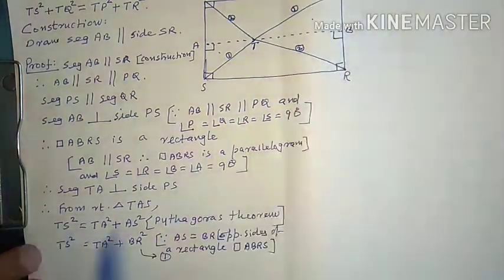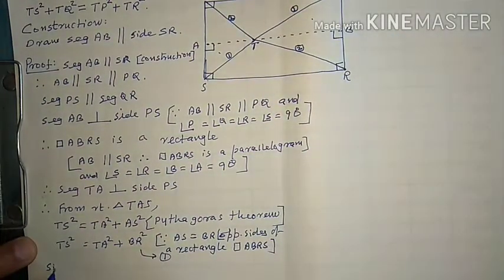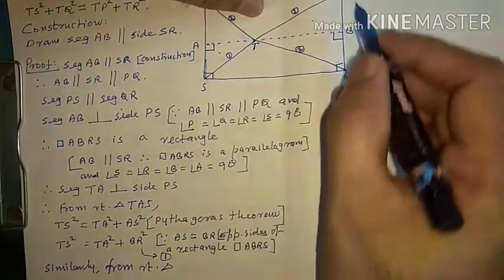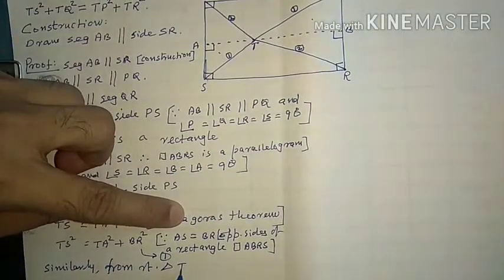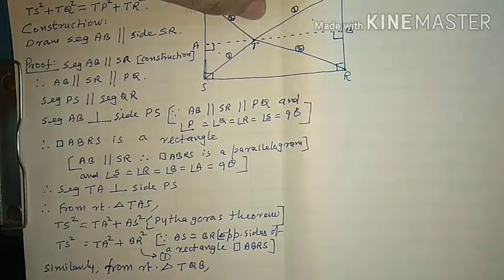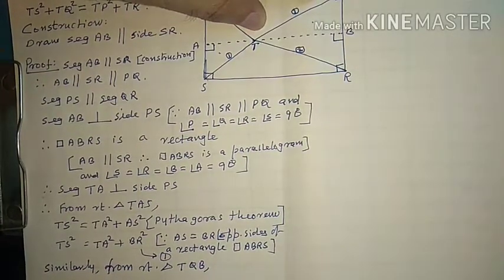Now similarly, from right triangle TBQ, what we can write?